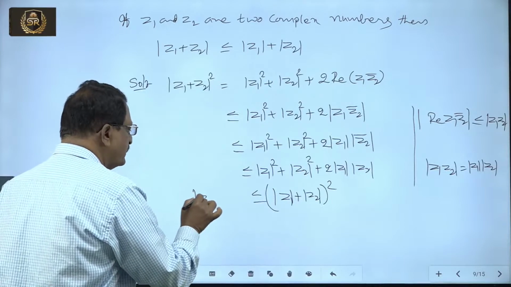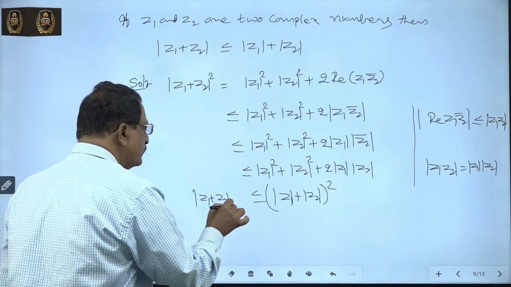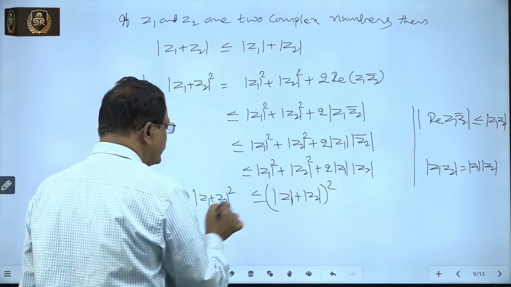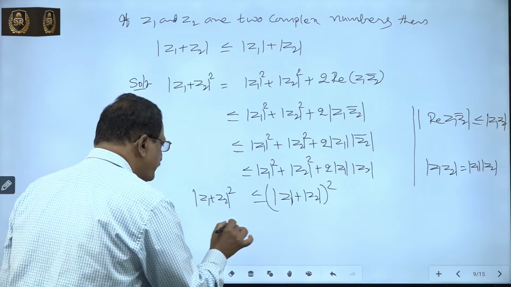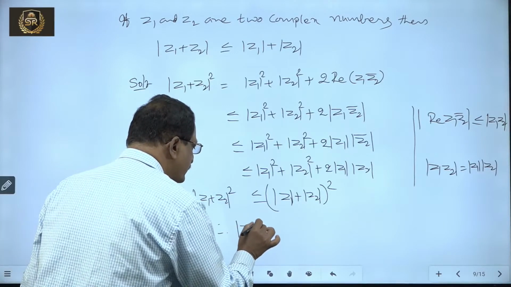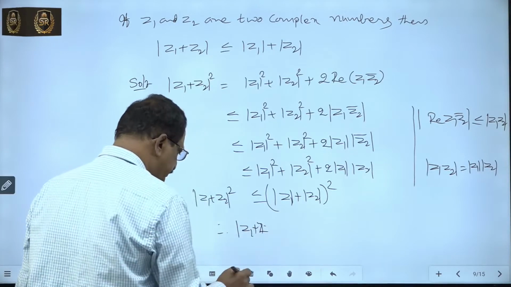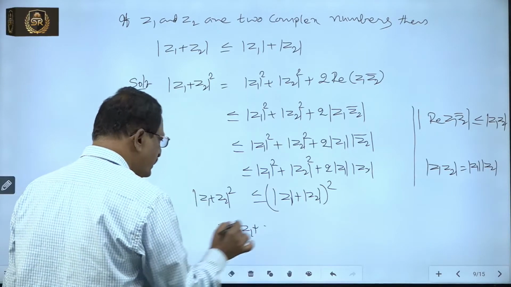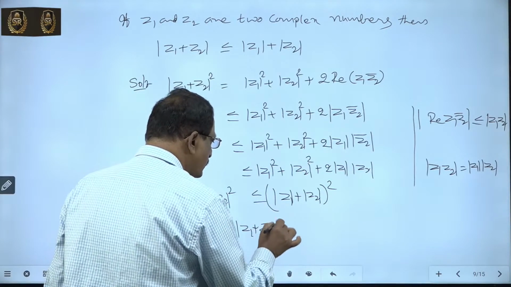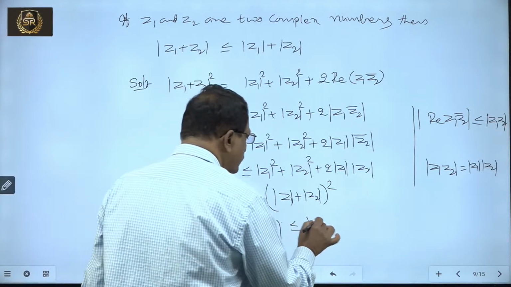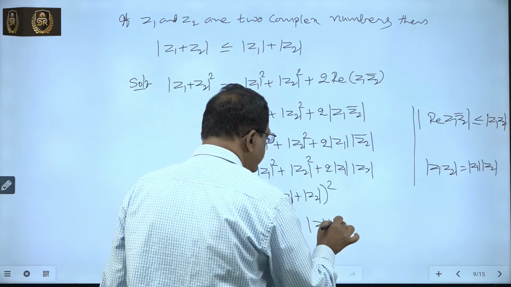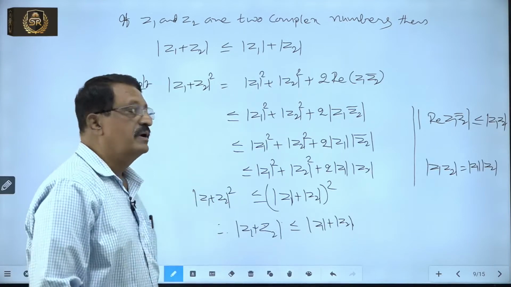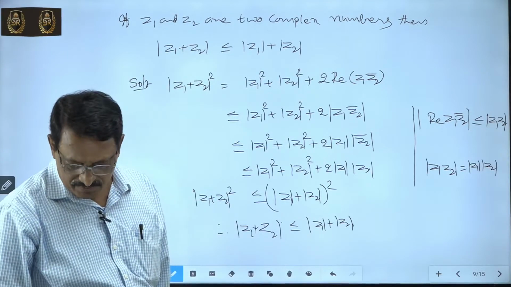So mod of z1 plus z2 whole square is less than or equal to mod z1 plus mod z2 whole square. Squares cancel on both sides, therefore mod of z1 plus z2 is always less than or equal to mod z1 plus mod z2.